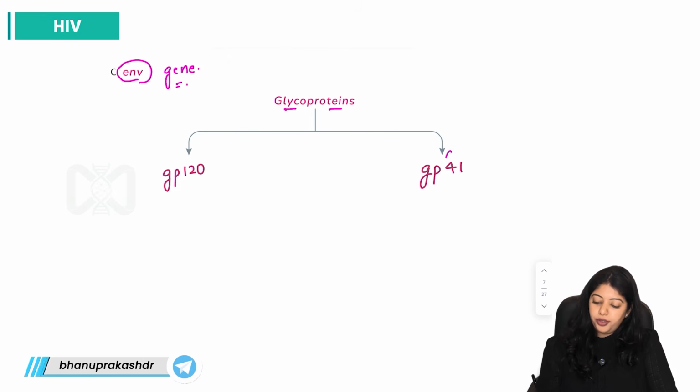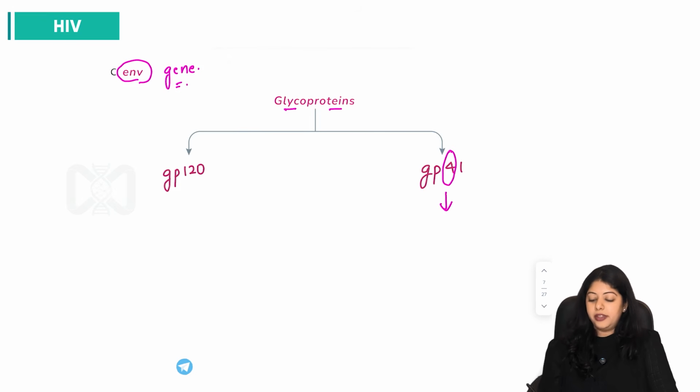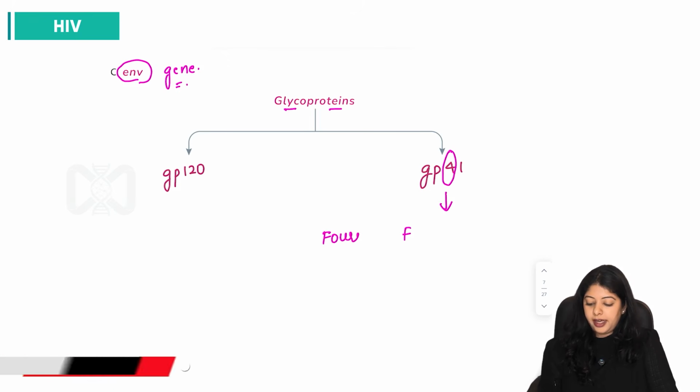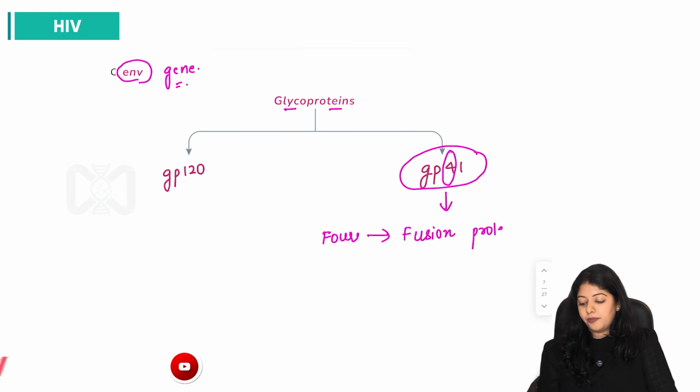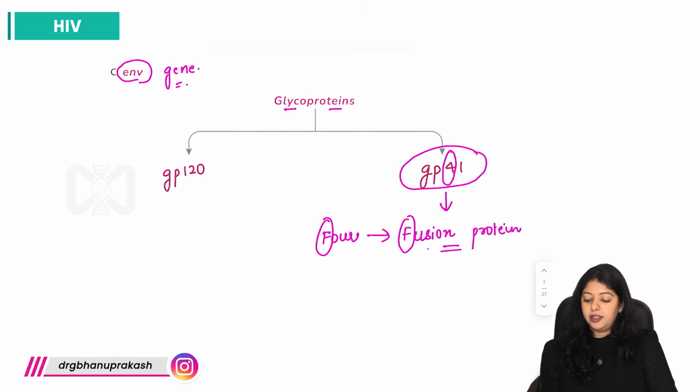With 4, we are deriving the letter F: 4 and the letter F. And this GP41 is the fusion glycoprotein. F for 4, 41 and fusion protein.